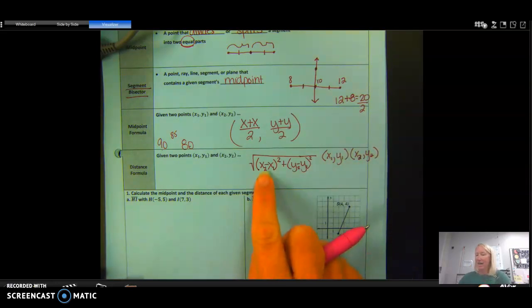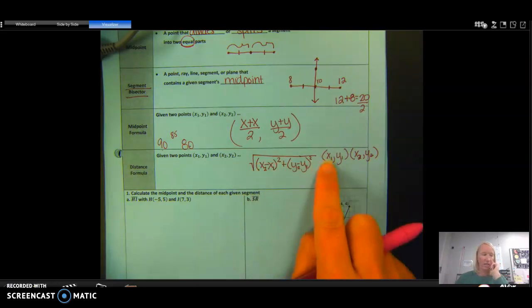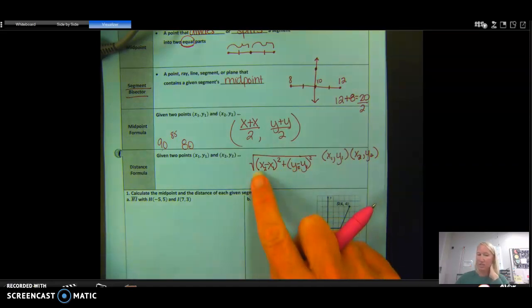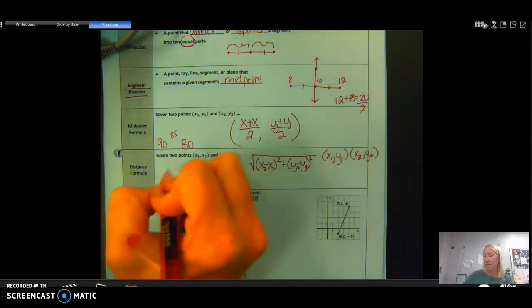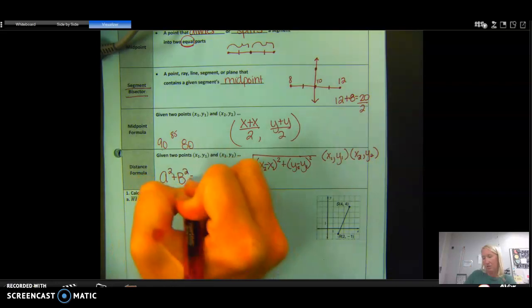It doesn't necessarily have to be your second x minus your first x. It could be your first x minus your second x, but here's the thing. However you set it up here, if you use your first x first, you have to use your first y first here. Okay? If you use your second x first here, you have to use your second y first here. And actually, Pythagorean theorem, a squared plus b squared equals c squared.